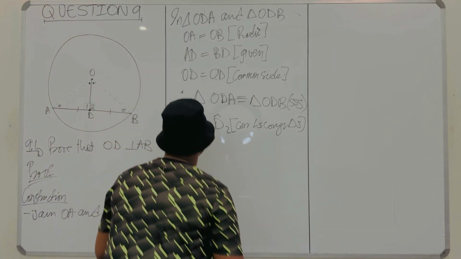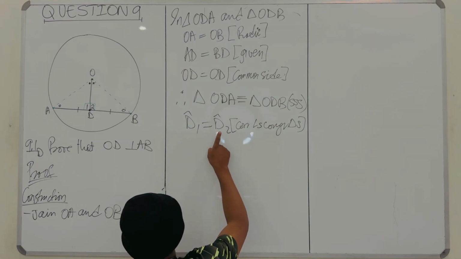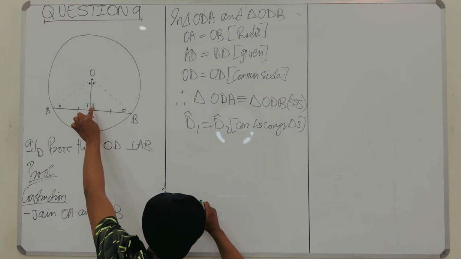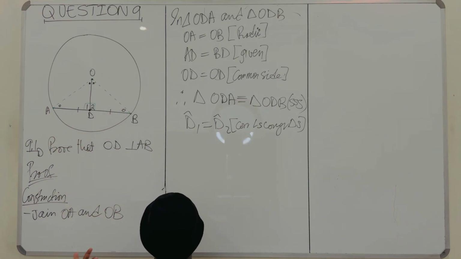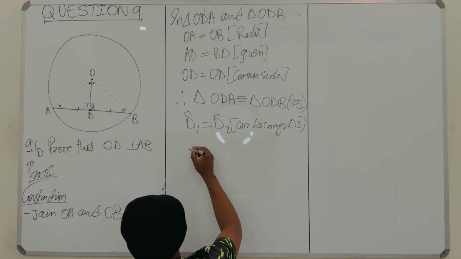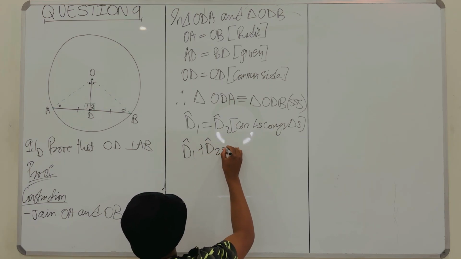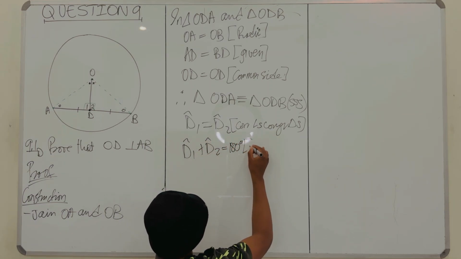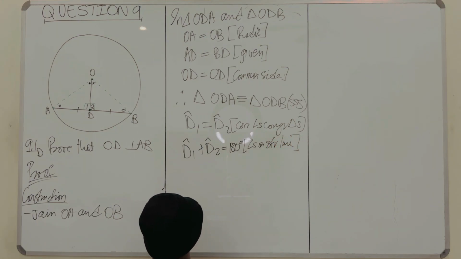In that case, what do we say? We'll say, okay, if we add D1 and D2, they will add up to 180 degrees because these are angles on a straight line. You know, angles on a straight line add up to 180 degrees. So we say D1 plus D2 is equal to 180 degrees.